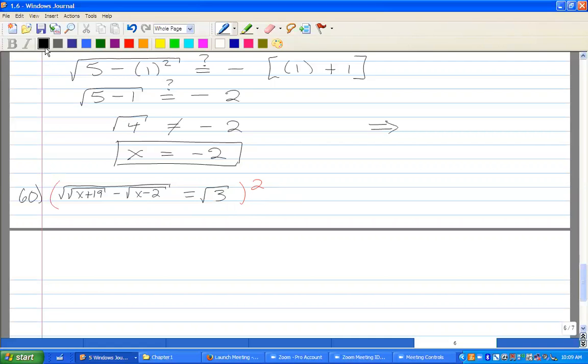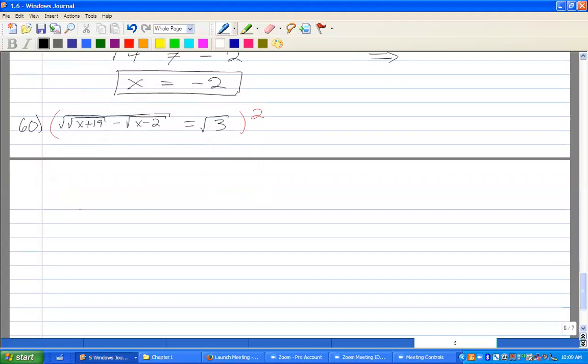The square gets rid of the square root. So the square root of x plus 19 minus the square root of x minus 2 equals 3.